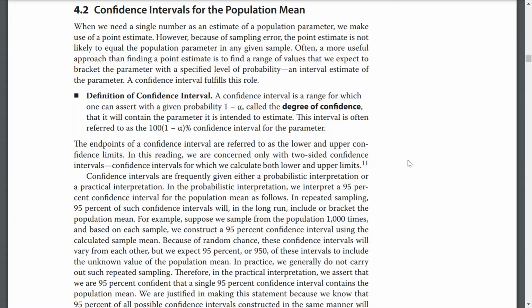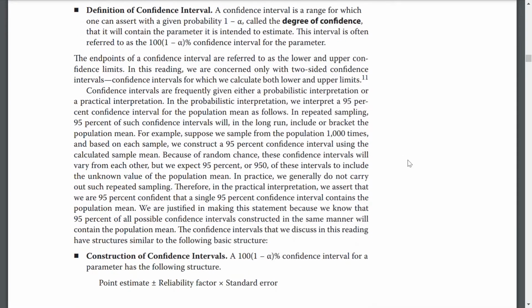Confidence intervals are frequently given either a probabilistic interpretation or a practical interpretation. In the probabilistic interpretation, we interpret a 95% confidence interval for the population mean as follows: in repeated sampling, 95% of such confidence intervals will in the long run include or bracket the population mean.